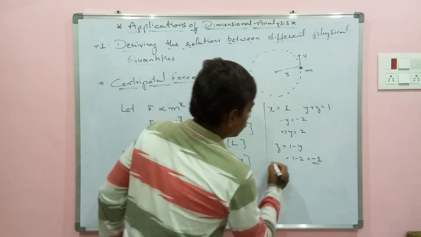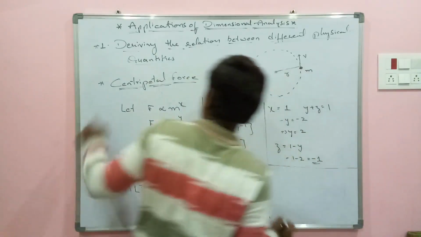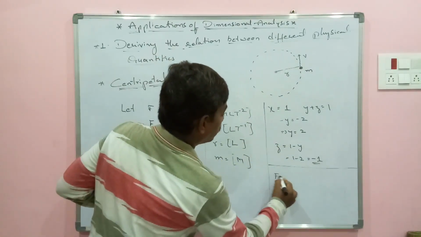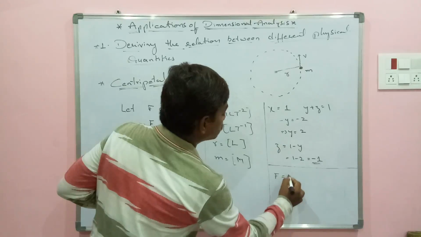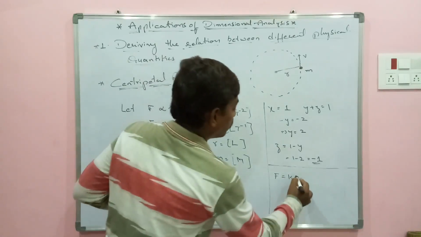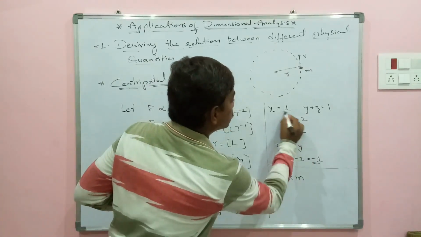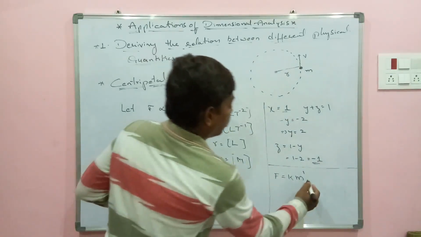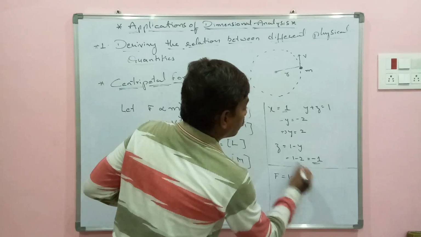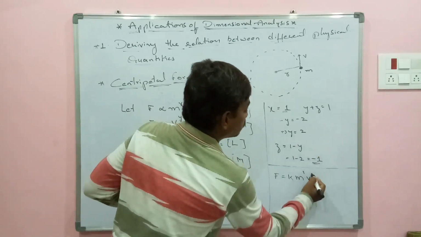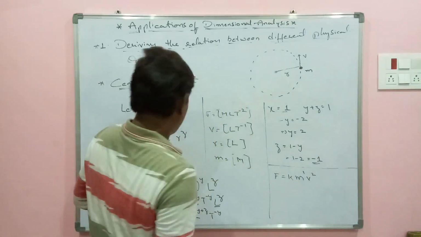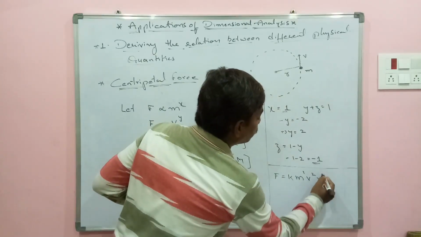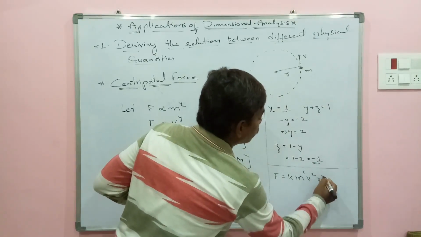So you got F is proportional to, or F is equal to, some constant k into m to the power of x, where the x value is 1, and v to the power of y, where the y power is 2, and r to the power of z, where z is minus 1.